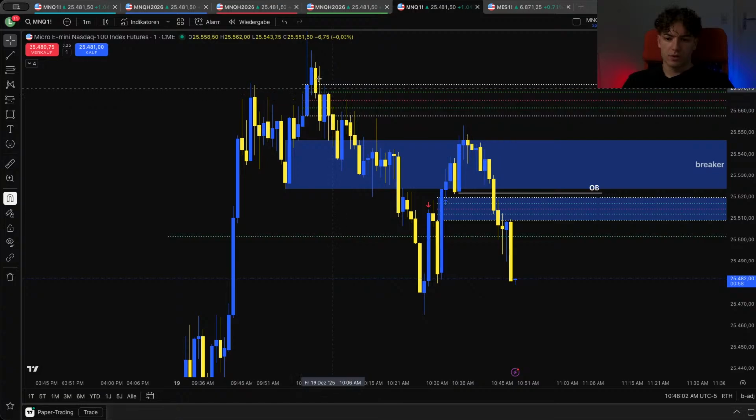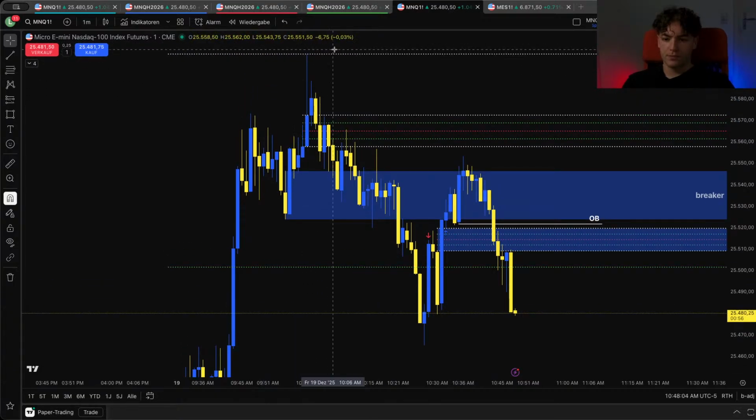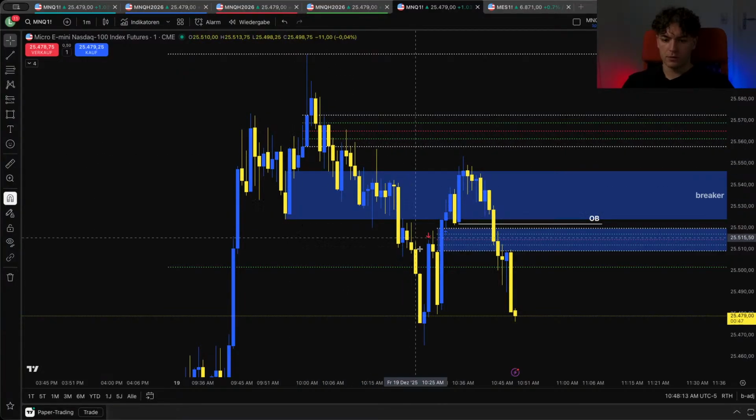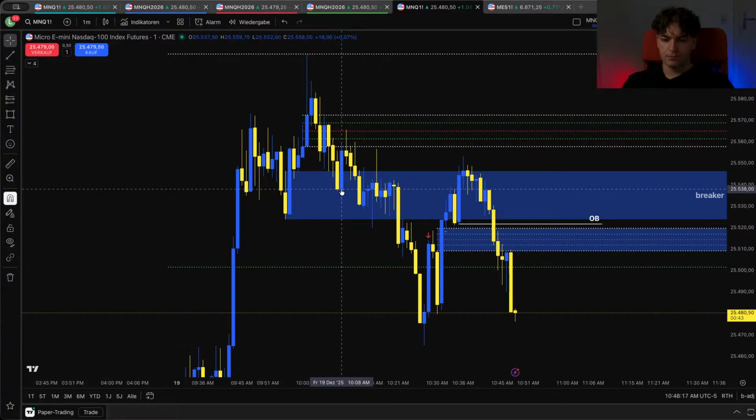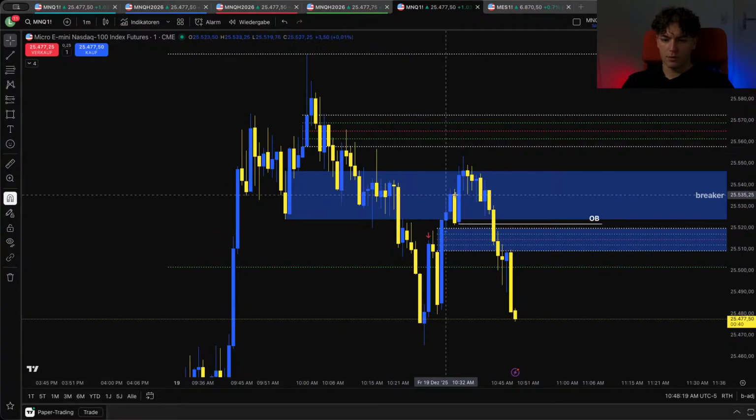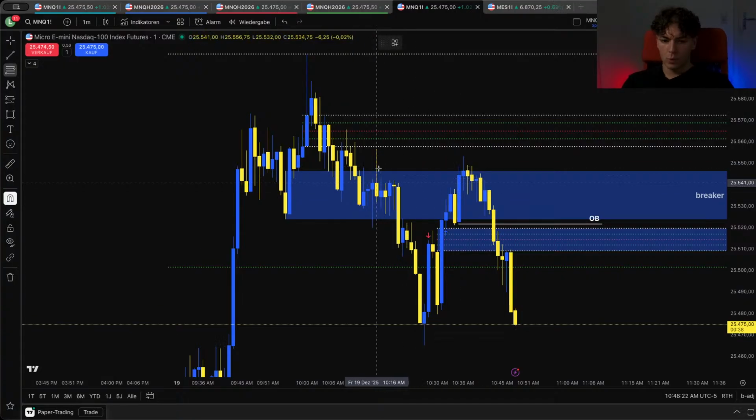So low risk, smart money reversal, low risk sell. Then we had a breaker. Order block. Wick.